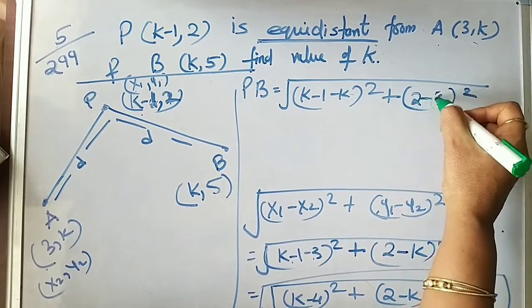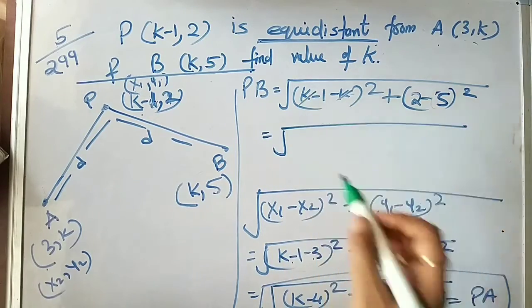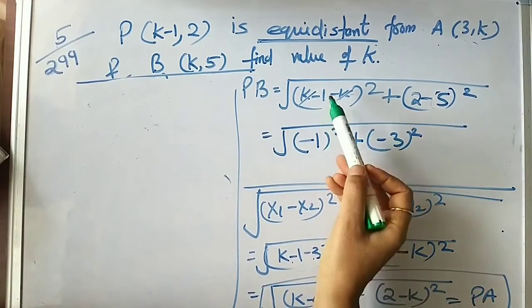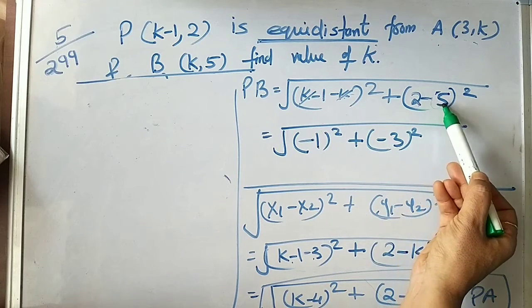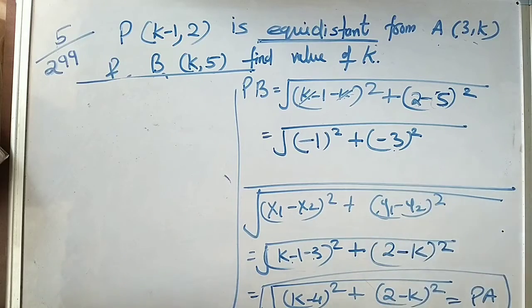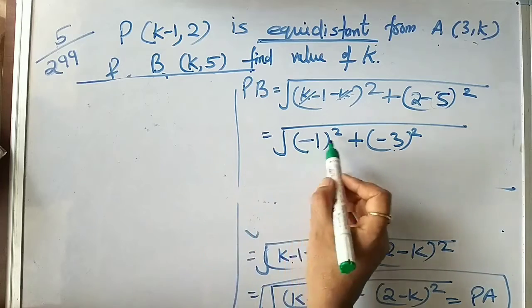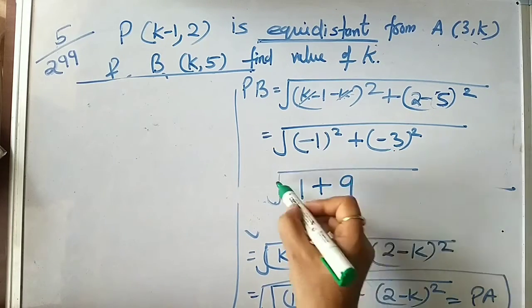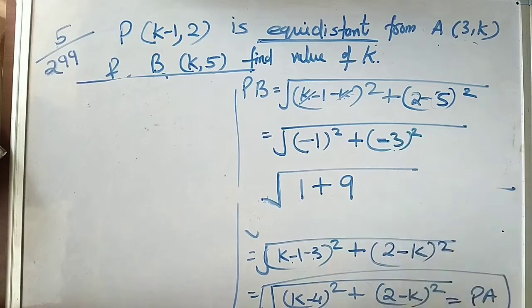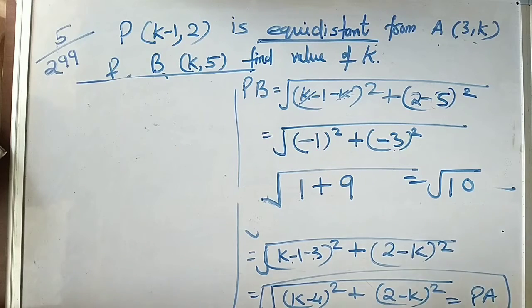So 2 minus 5 square. If I simplify it, k and k cancel. Minus 1 square is 1, and 2 minus 5 is minus 3, square is 9. Which is root of 10.